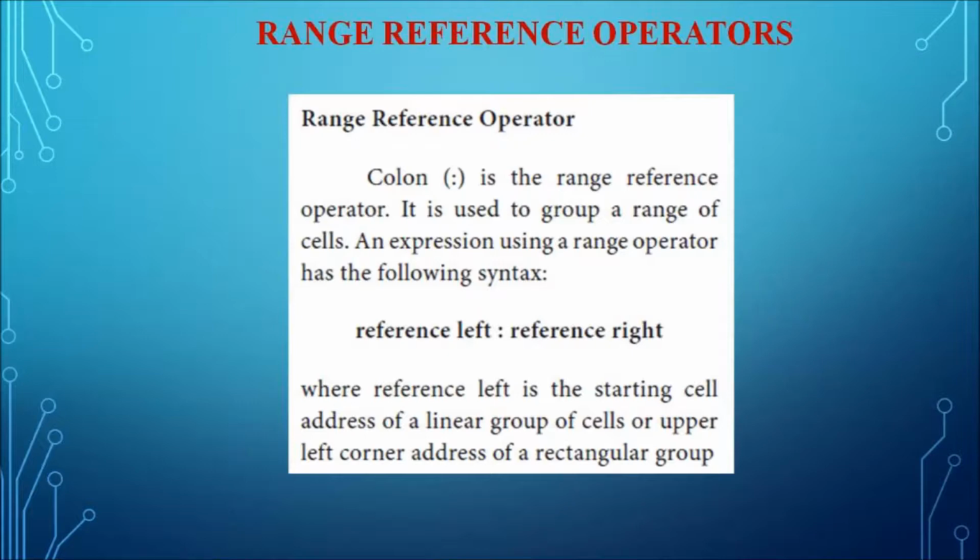So A1 colon A5 contains A1, A2, A3, A4 and A5, these 5 cells, a continuous group of cells. For selecting a continuous group of cells, we use this range reference operator.